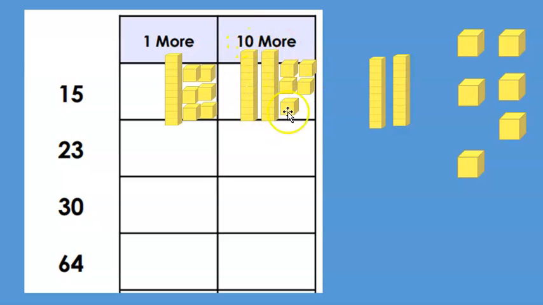Now all you do is count it up, okay? So let's count with Mr. Begay. 10, 20, 21, 22, 23, 24, 25. So first graders, your answer here is going to be 25.